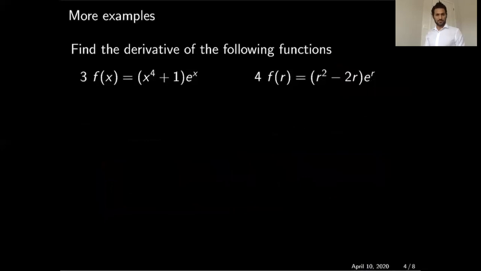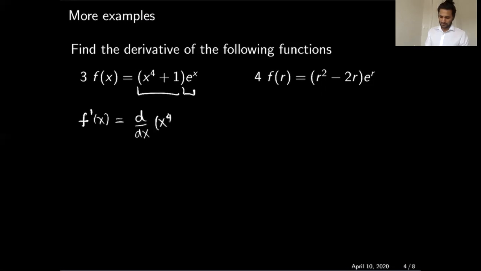So I have two more problems here in this section, in this slide. So here is again a product rule because it's the product of two functions. So the derivative of this will be f prime of x, just simply dy by dx of x to the power 4 plus 1 times e to the power x, plus x to the power 4 plus 1 times dy by dx of e to the power x.